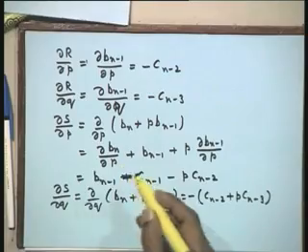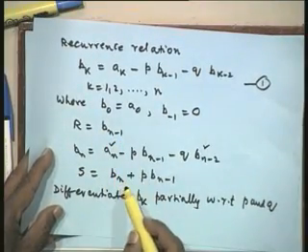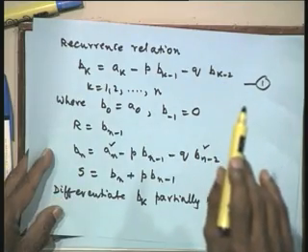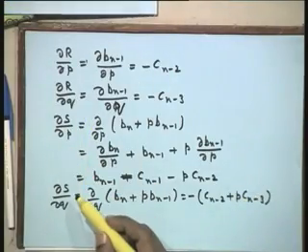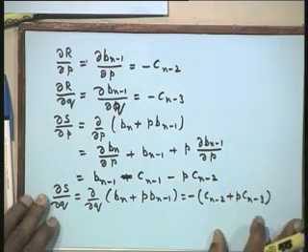Therefore, we are now in a position to get all 6 coefficients from the single set of synthetic division procedure. These are 4 quantities that we have obtained, and in the previous step we obtained 2 quantities R and S. R and S came from the first level of the synthetic division, and these 4 quantities come from the second step of the synthetic division procedure.